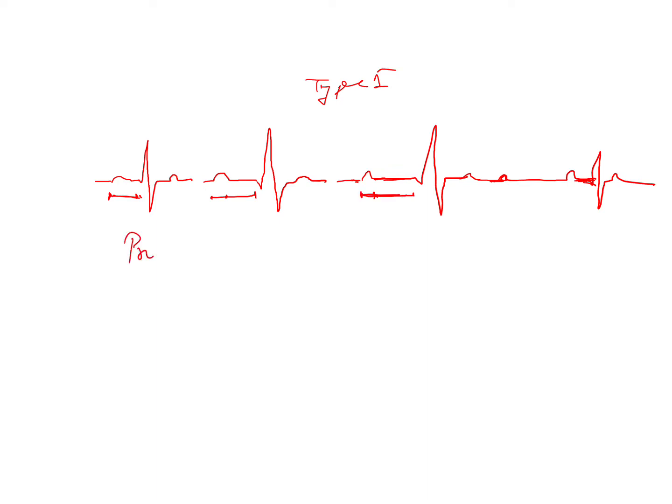So there is progressive prolongation of the PR interval. And when the maximum progressive prolongation of the PR interval is reached, we see that the P wave is not followed by the QRS complex. That is, the QRS complex is absent.